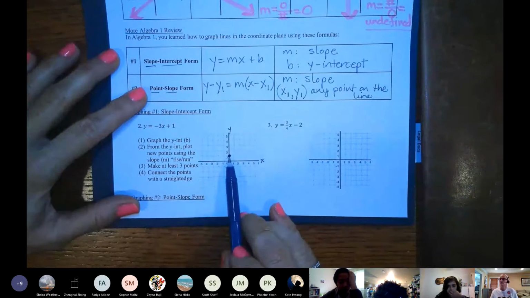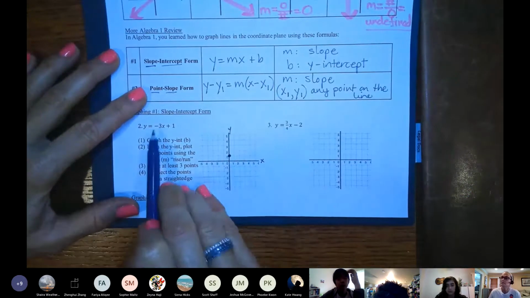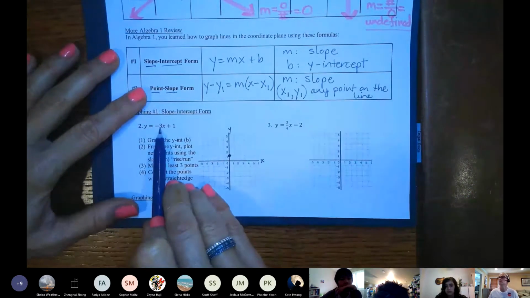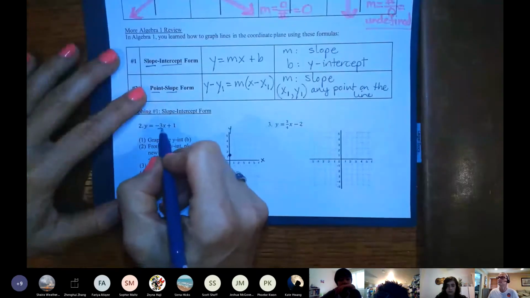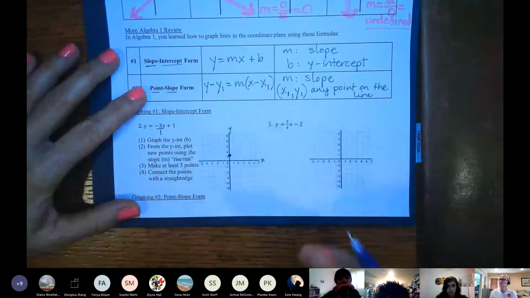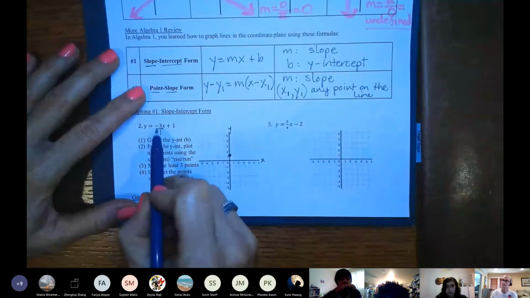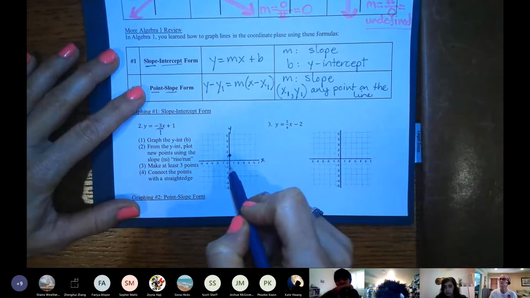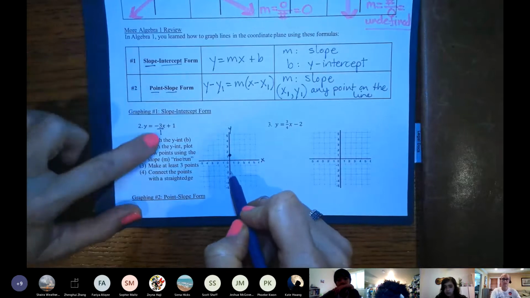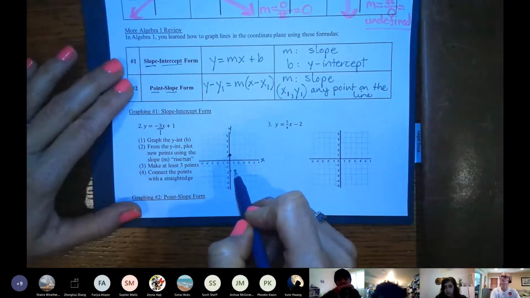Now from here, I'm going to count out the slope. The slope is -3. You always go rise, and this is equivalent to over 1. So that's a rise of -3, which means you're going to go down 1, 2, 3, and then that's a run of 1 positive.